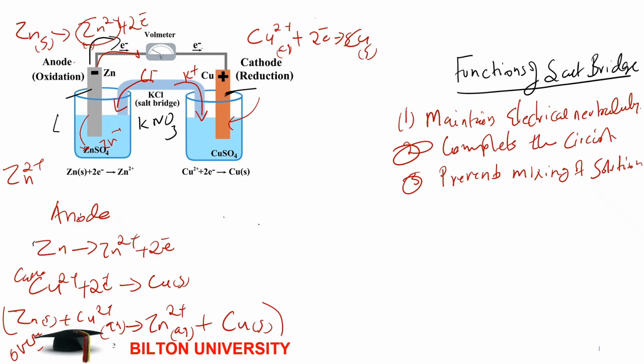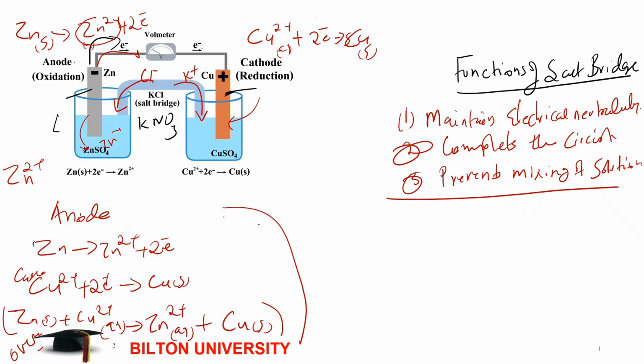Once we have looked at this, we can look at the cell potential. After this, we can calculate the cell potential of this reaction. From the standard electrode potential, everything is given as reduction potential.